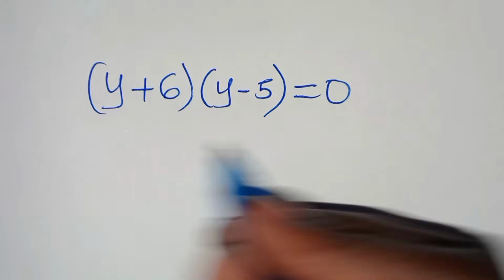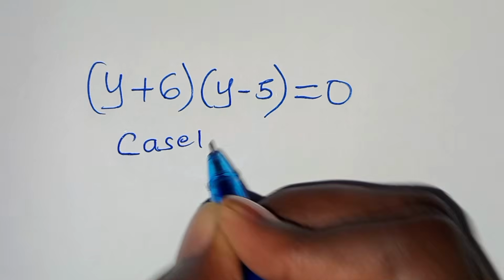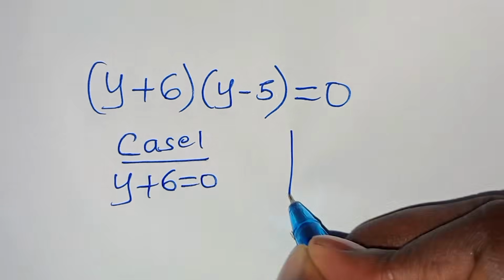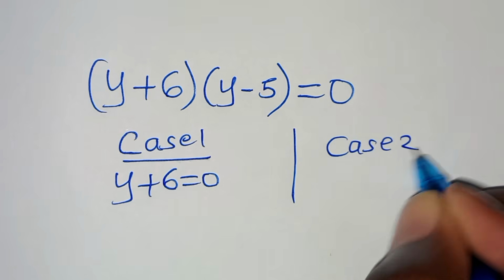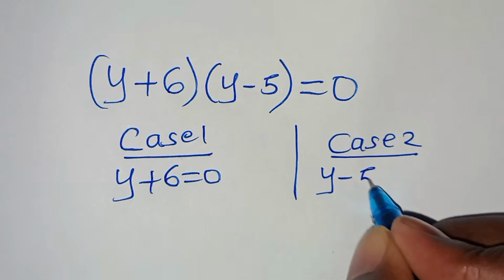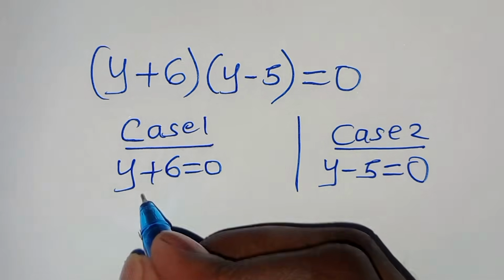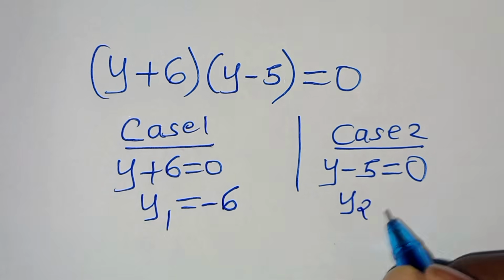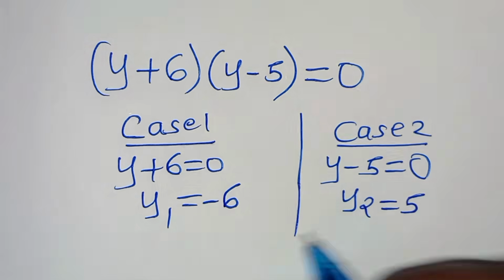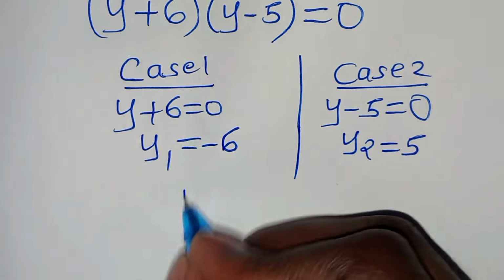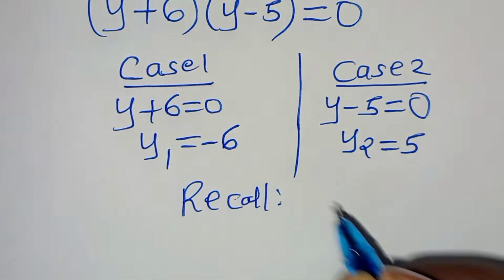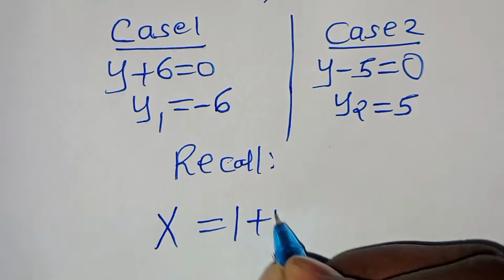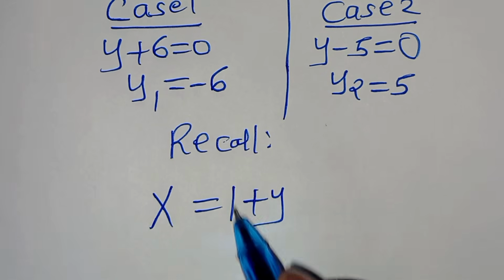Now here we have got two cases. In case 1, we have y plus 6 equal to 0, and in case 2, we have y minus 5 equal to 0. So we have y1 equal to negative 6, and y2 equal to 5. Now, if you recall, x is equal to 1 plus y.